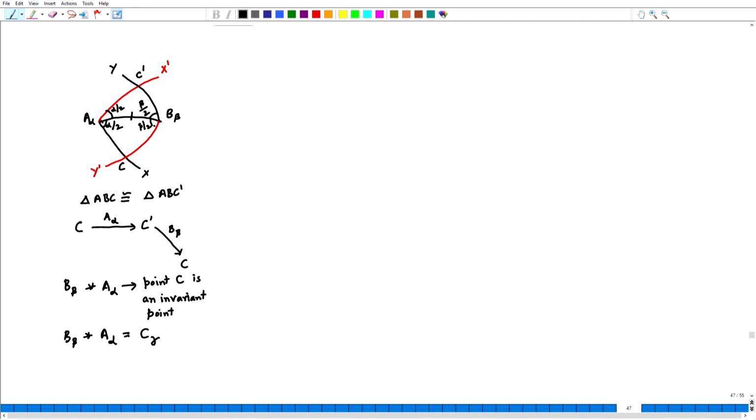Now, in the same figure, let us focus on pole A: where does this pole move? So, A alpha followed by B beta, where does the pole A move? So, first we do a rotation of alpha about the A axis. Well, that pole A is actually an invariant point, so it will remain where it is.